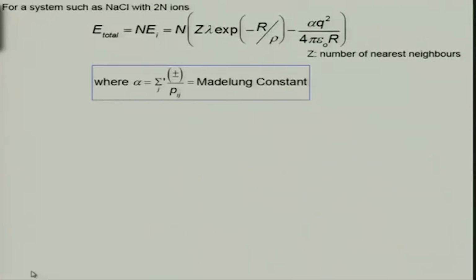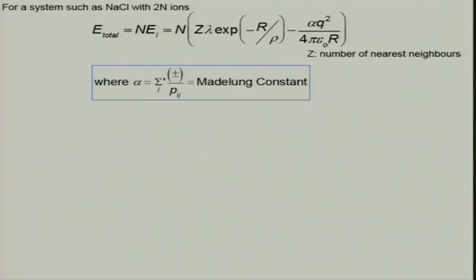So, for a system with, let us say, 2n ions where you have NaCl for example, n number of chlorine, n number of sodium ions, I can write the total energy as n multiplied by Ei, and this is because for one of them I have already considered, so the n's are remaining. So, basically a total number of n molecules. So, for n molecules you have n into Ei, and this is n into the previous term.